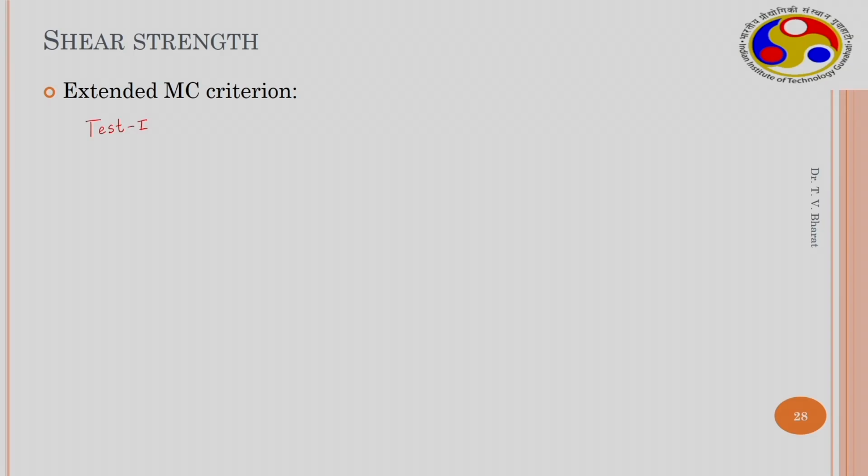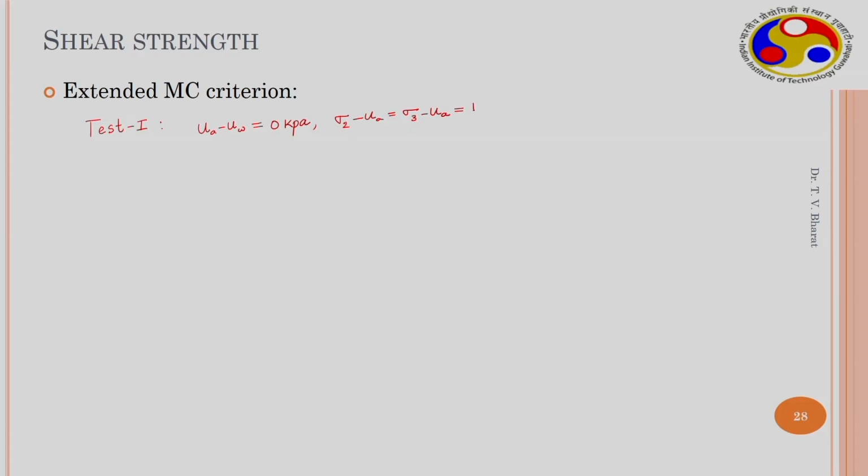You have a series of tests conducted. Test 1 has UA minus UW, the suction, maintained at 0 kilopascal. So essentially the test is conducted at fully saturated state, and the all round pressure, sigma 2 minus UA, which equals sigma 3 minus UA because this is radially applied in a triaxial setup, is 10 kilopascal.